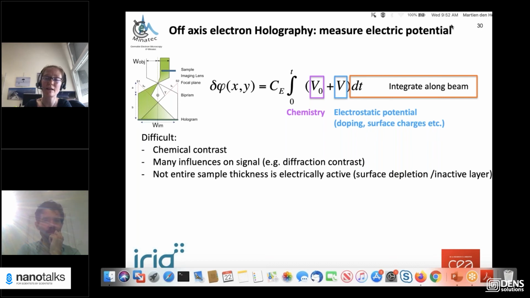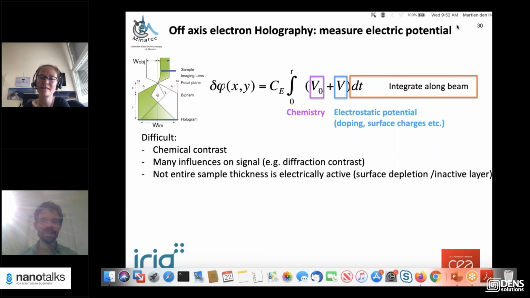So the thicker your object, the more signal you will get, until your electrons cannot traverse anymore, because then you get nothing. So there's an optimal thickness, and in silicon you can easily work with 100, 200 nanometers thickness, and then it depends on your material. If you put in more heavy atoms, you will have to make it thinner.